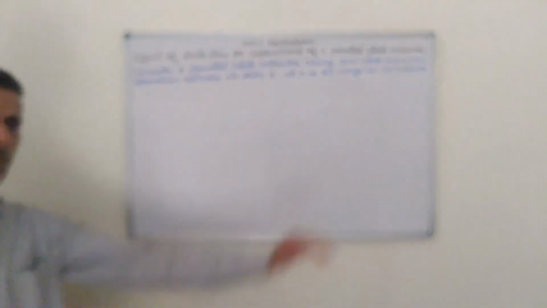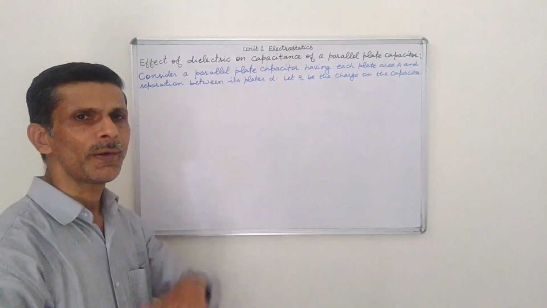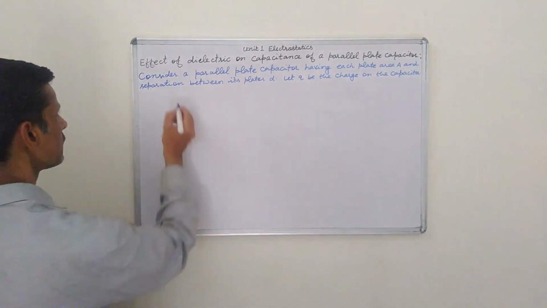That is, one plate is having plus Q charge and other plate minus Q charge.